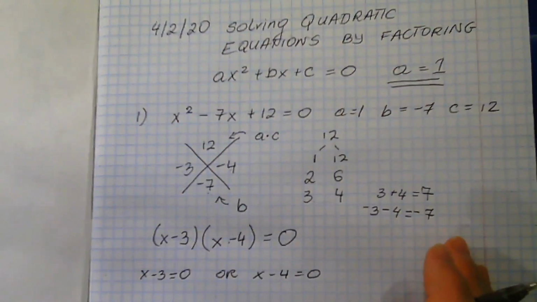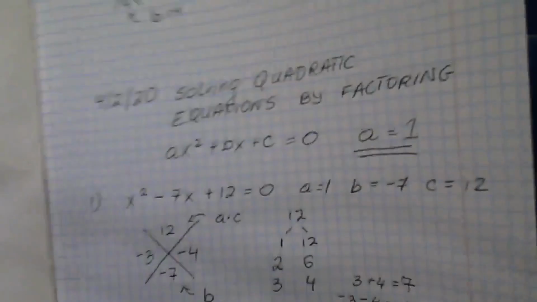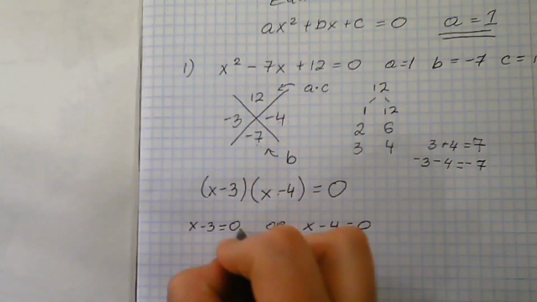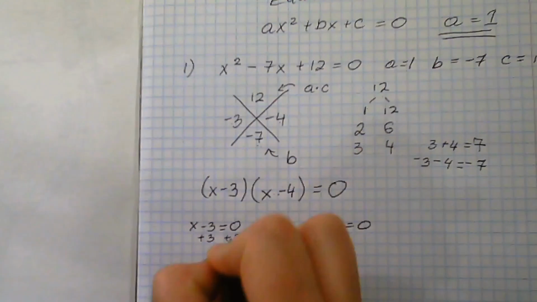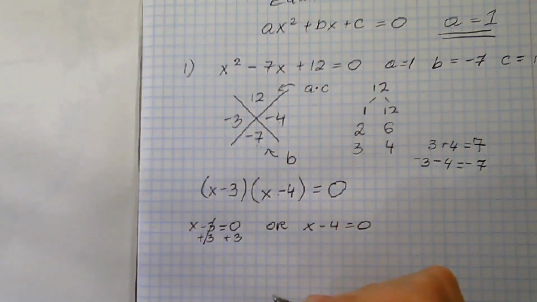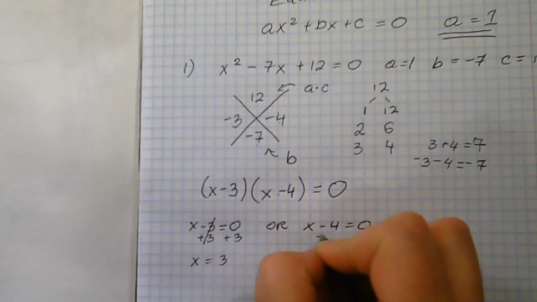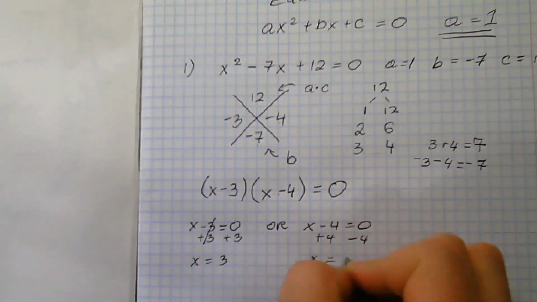Okay, so now I'm solving my little equations. I don't have space here, hold on, bear with me. Here we go. How do I solve this little equation? Well, I need to get x by itself. So I'm removing the 3 by adding it, because negative 3 plus 3 disappears, and x is 3. I would do the same thing for this equation, and x is 4.